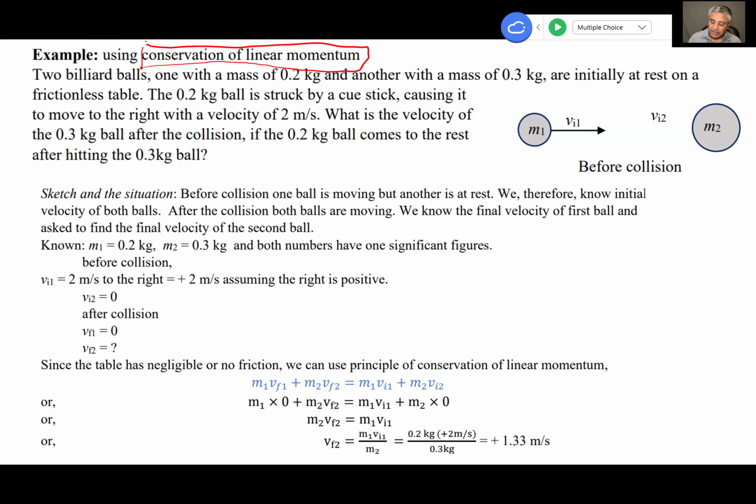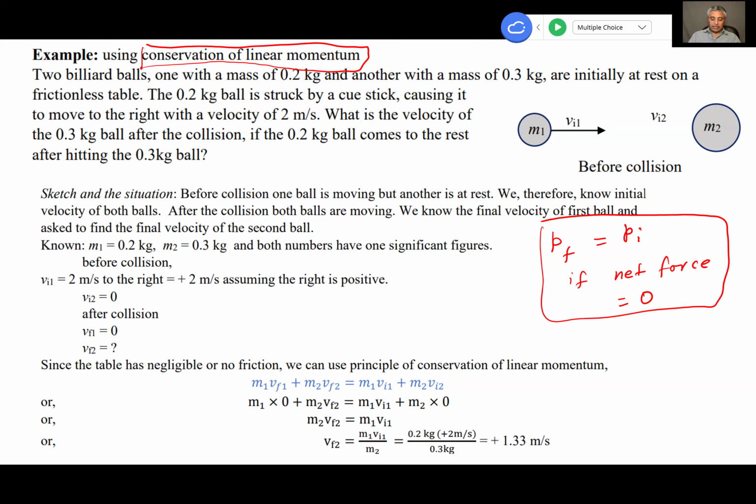Conservation of linear momentum says final momentum is equal to initial momentum if the net outside force, or net force on the system, is equal to 0. So you see there is final and initial, like in the case of conservation of energy.